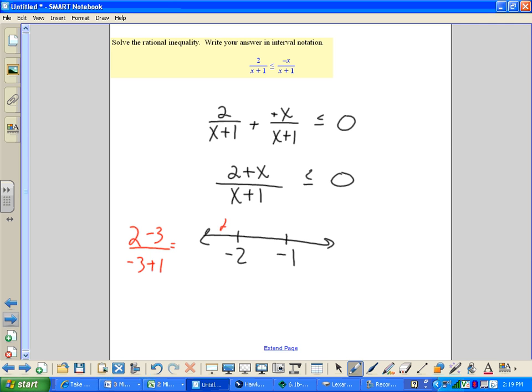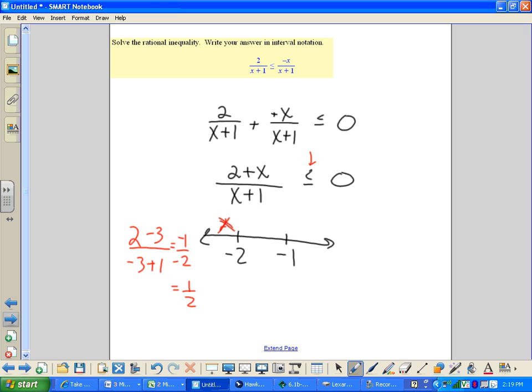Let's see, that's going to give me -1 over -2, which is positive. So it would be a positive 1/2. So let's think, is 1/2 less than or equal to 0? A positive number would not be less than or equal to 0, so we don't have that section.